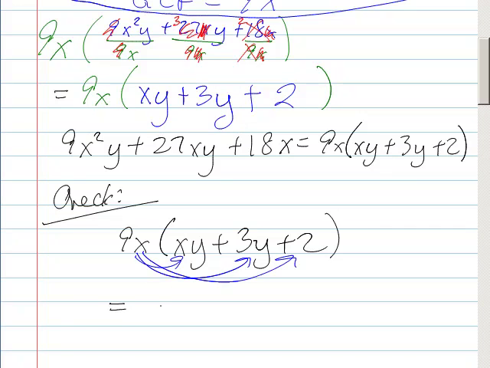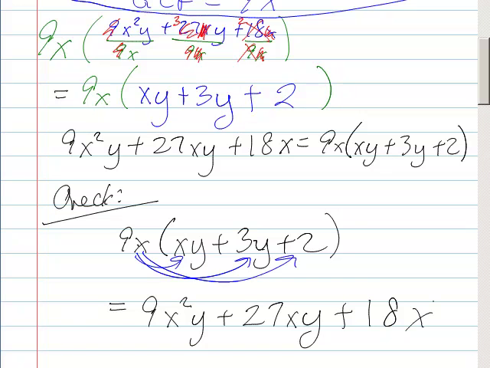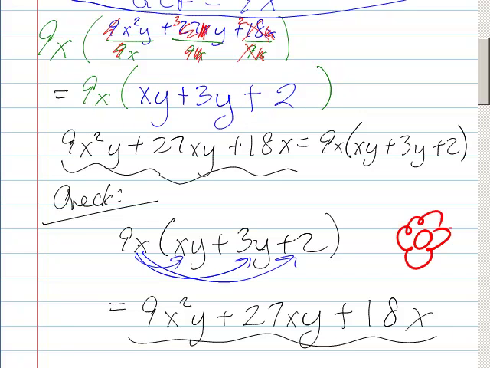So 9x times x y is 9x squared y, plus 9 times 3 is 27xy, plus 9x times 2 is 18x. And this is the same thing that we had right here. So that means we did it right again, and we are super duper awesome.